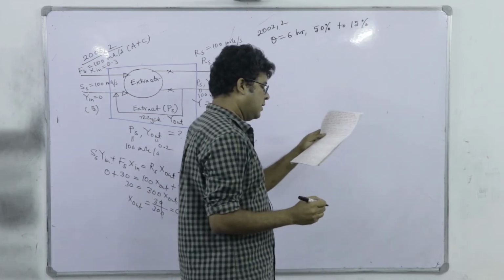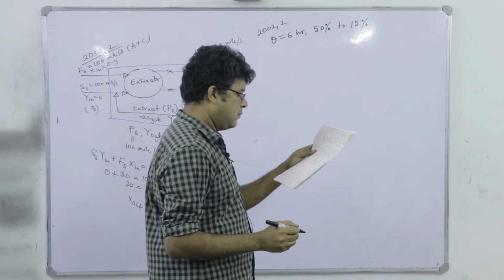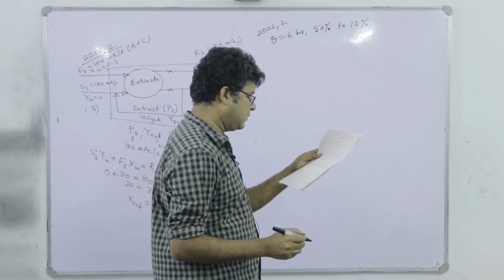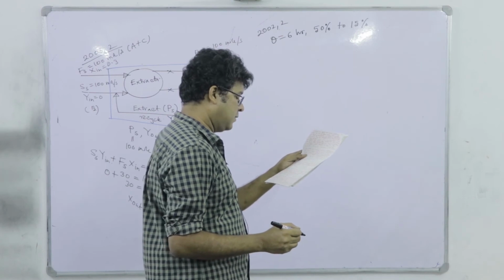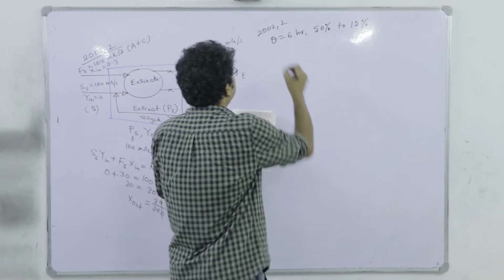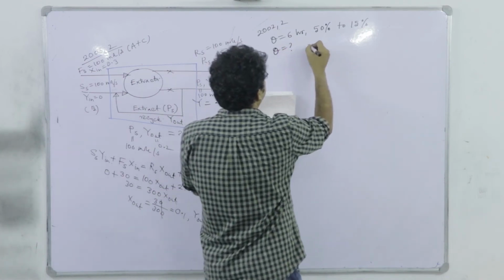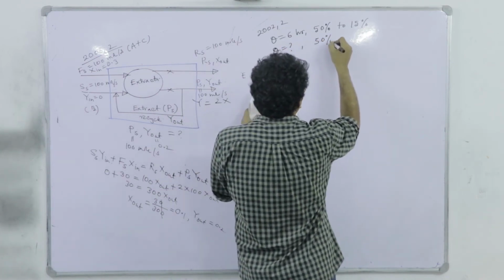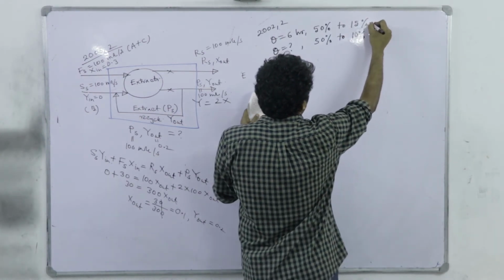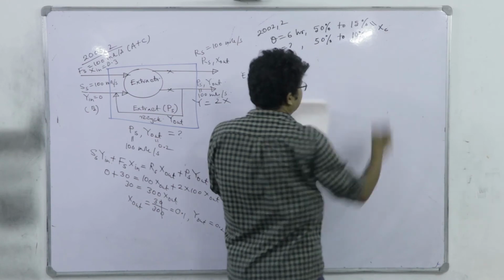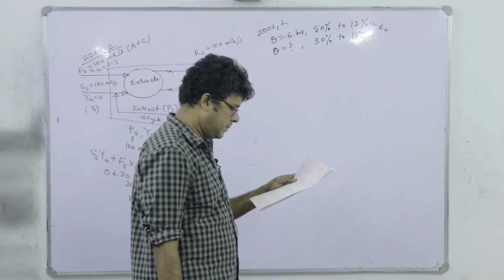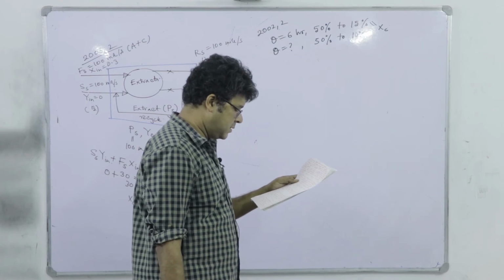How much longer will it take to dry the solid to 10% moisture content under the same condition? So, theta how much from 50 to 10, and this 15% is Xc, the critical moisture content, up to which the constant rate period is maintained.